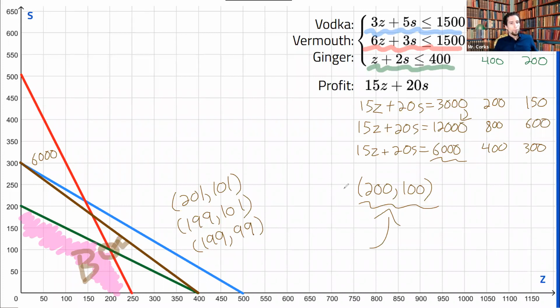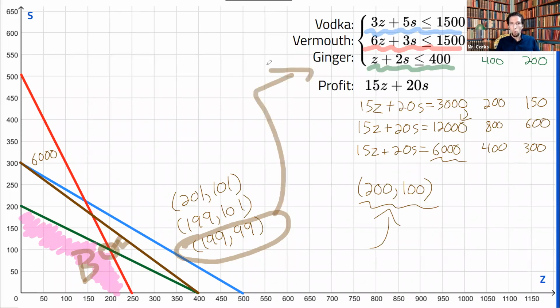So if this were just lines, then what we could do is take these points and substitute them into the 2 inequalities we have and see if it lies on both of them. But these are inequalities. They're not lines. So this point here, 199 and 99, I'll just tell you that's not the correct point, but it would be valid.